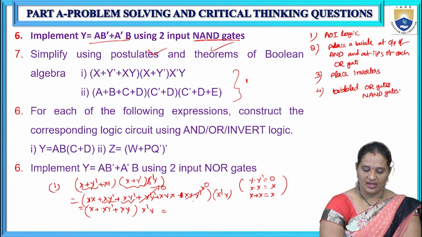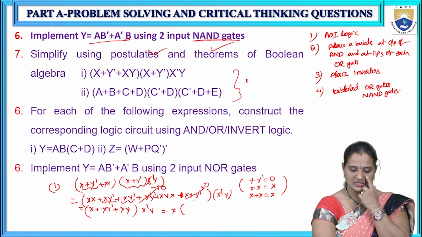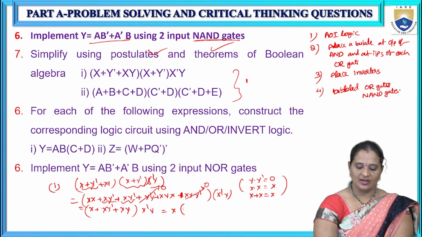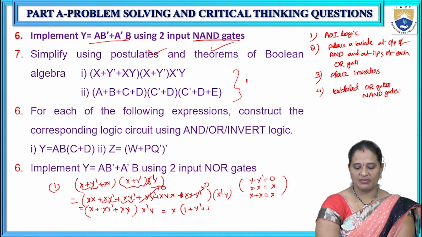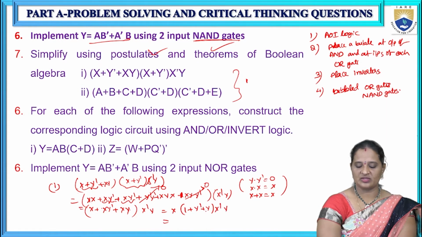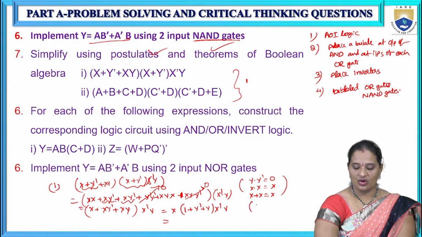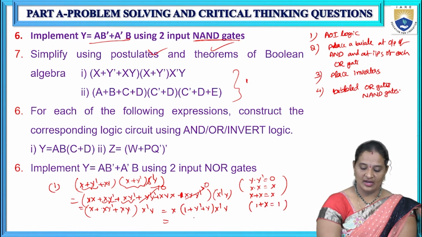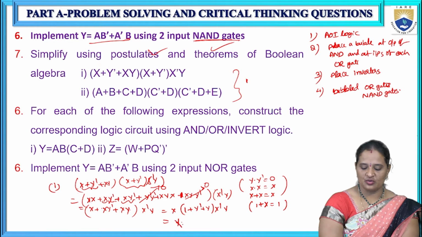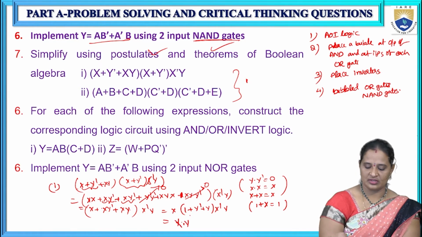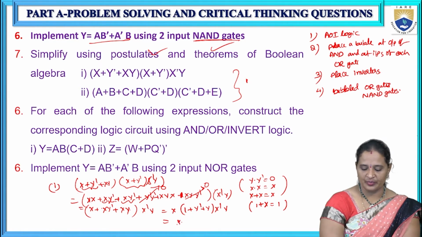So now I can take x as common in these three terms. So what I get is x(1 + y' + y) into x'y. So that is, 1 plus anything, 1 + x is equal to 1, right? So x into 1 into x' into y.